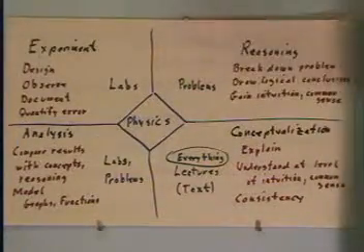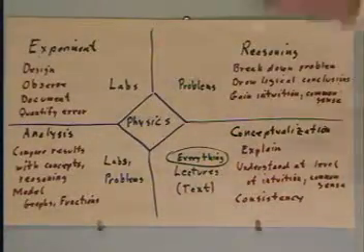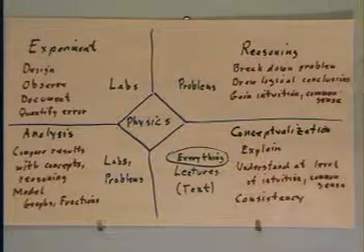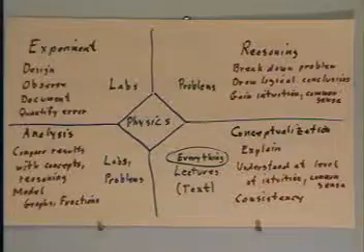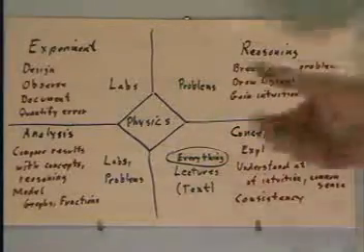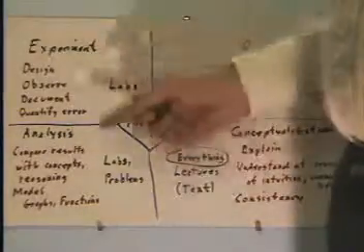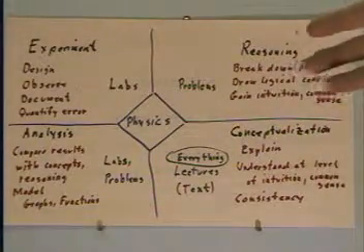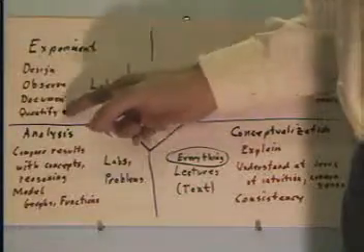We set something in motion and we observe what happens. We get some process started and we make observations. We try to control extraneous variables, make observations of the things that we're really interested in. We carefully document what we have. We write things down very carefully, and we quantify our errors.